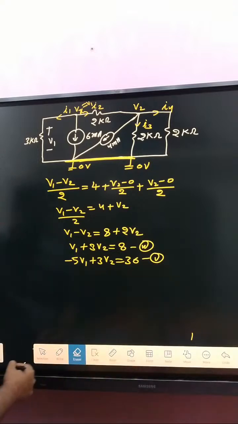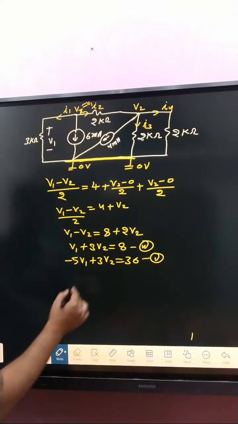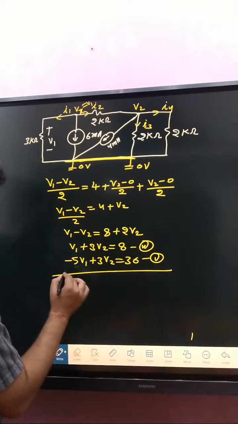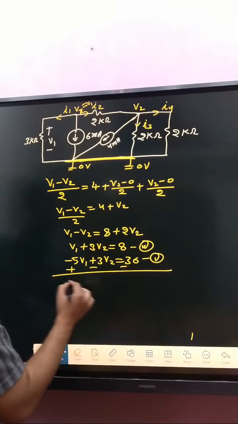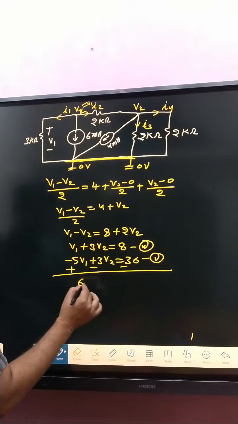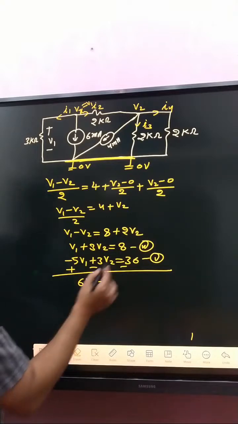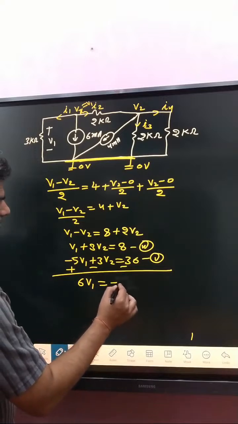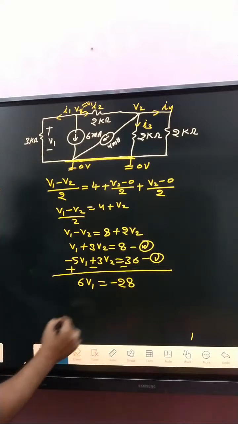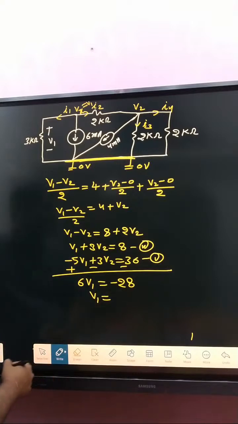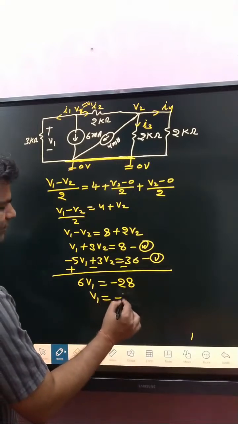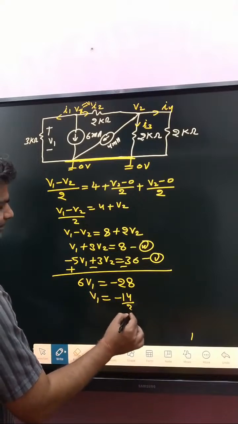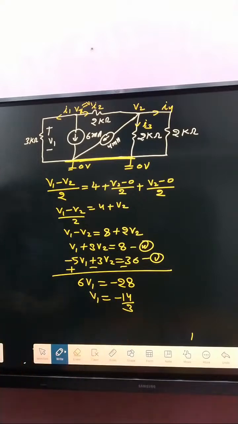So if this one is removed, now look, plus minus minus, that is 6V1, this is equal to how much? 8 minus 36, that is how much? Minus 28. So V1 is how much? 28 by 6, that is 14 divided by 3, minus 14 by 3.